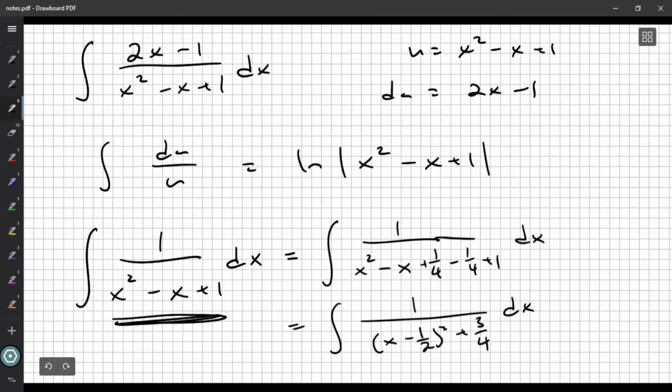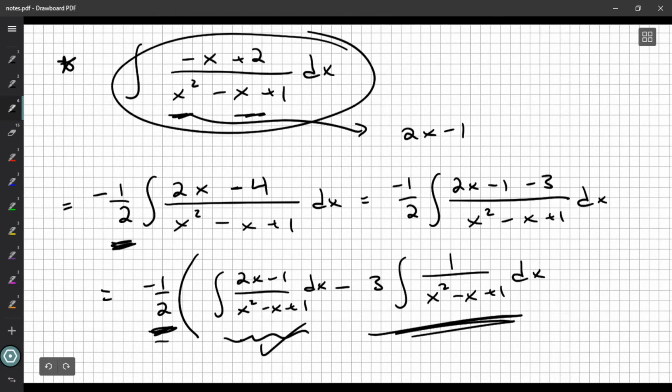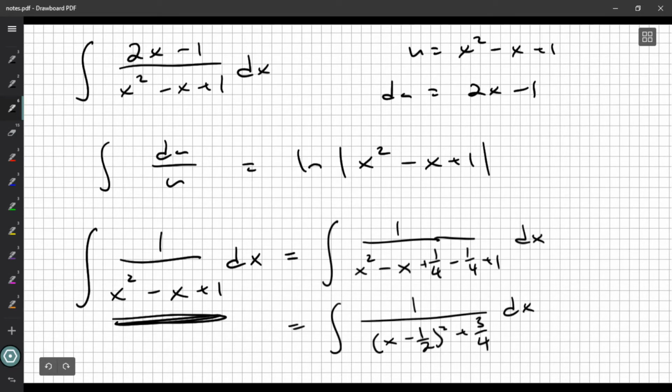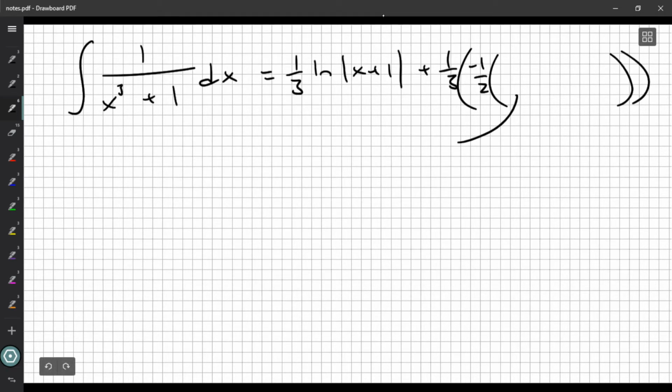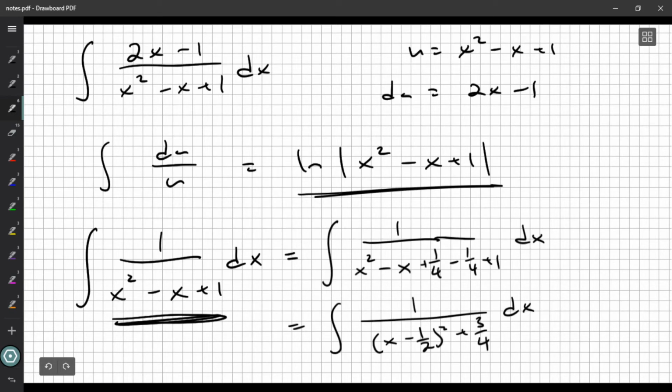And then what else did we have? Okay, so the -1/2, this part here turned into ln x squared minus x plus 1. And then it was -3, if I recall correctly.